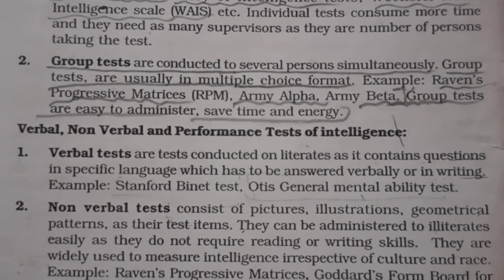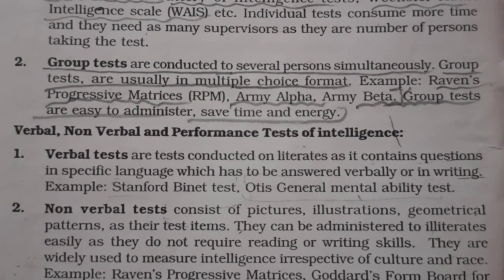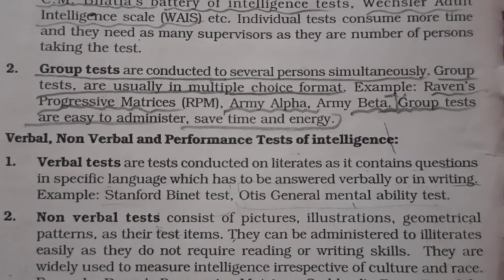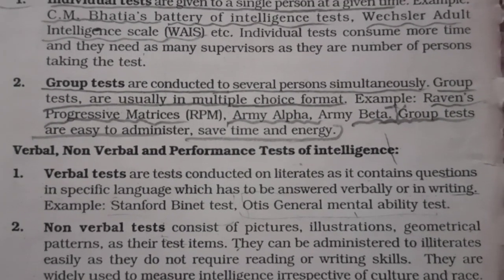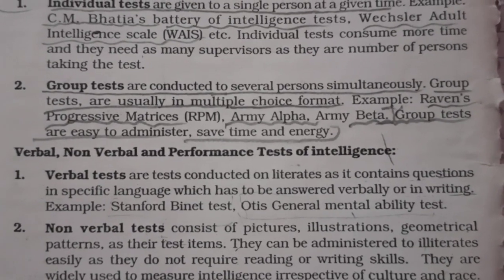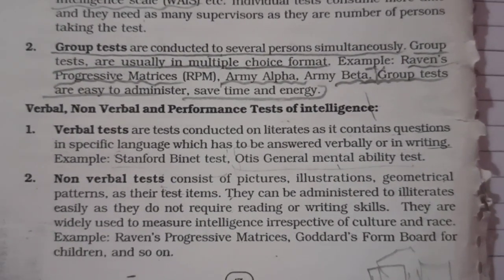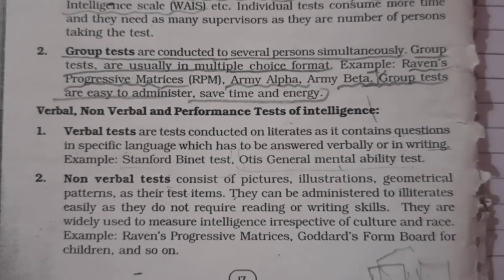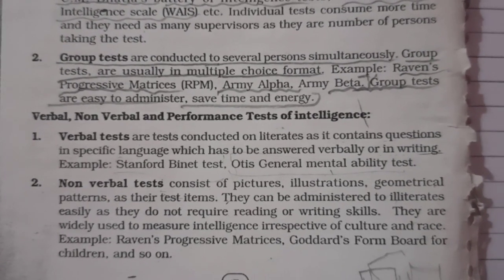The individual test is conducted on a single person, and the group test on several people at a time. Individual is time consuming and a bit difficult to administer, whereas the group test saves time and energy. Then there are three other types of intelligence tests: verbal, non-verbal, and performance tests.